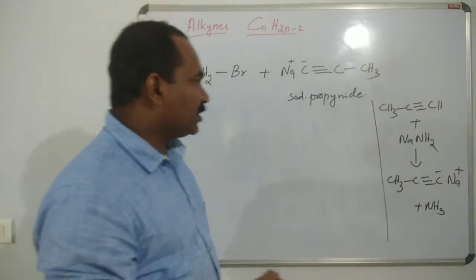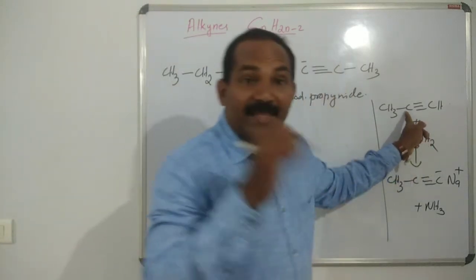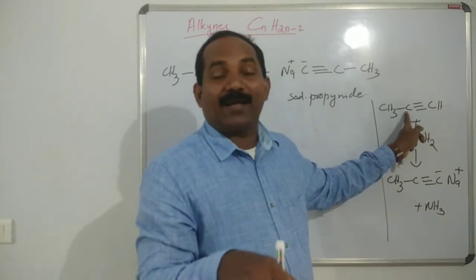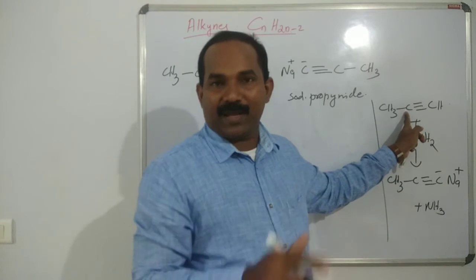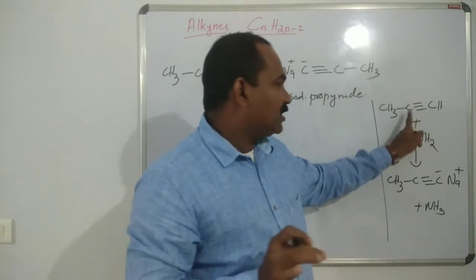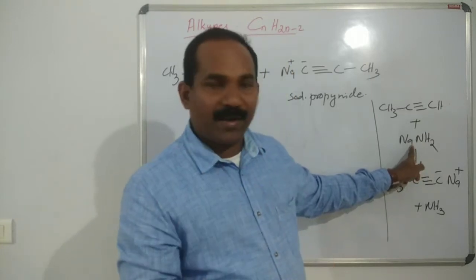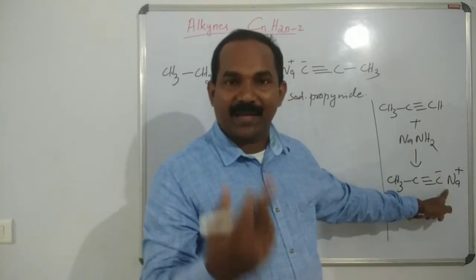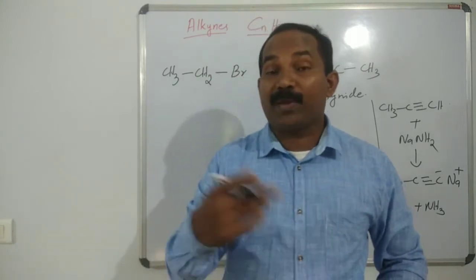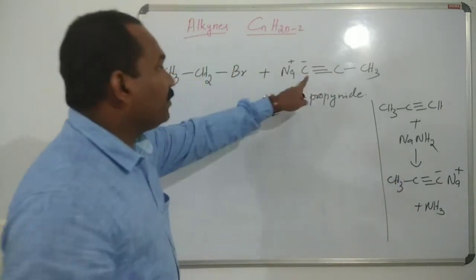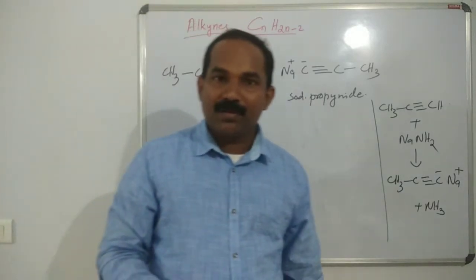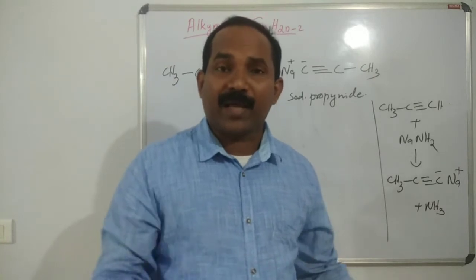So from alkynes we prepare higher alkynes. We take one terminal alkyne which is treated with sodium amide, and we get sodium alkanide. Here it is propyne, that's why we can write sodium propanide. This sodium propanide is treated with alkyl halides, alkyl chlorides or alkyl bromides.